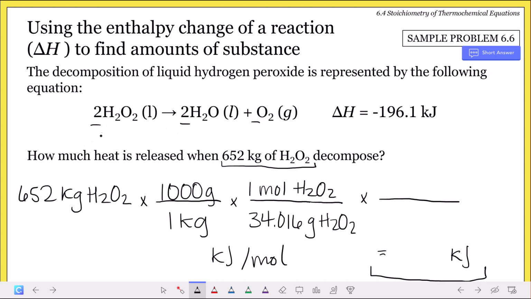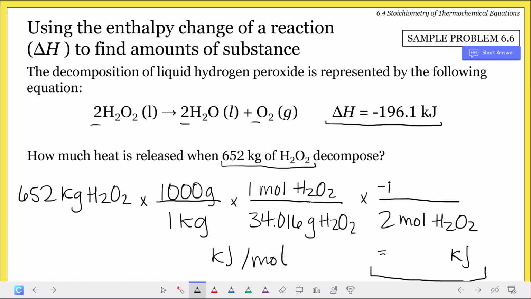Okay? So I said that all of these amounts of substances are thermochemically equivalent to this change in enthalpy here. So if I want my moles to cancel out and I want to be left with units of kilojoules, then I'm going to take a look here and see that, well, for every 2 moles of hydrogen peroxide that are decomposing, I have this amount of heat that's released.